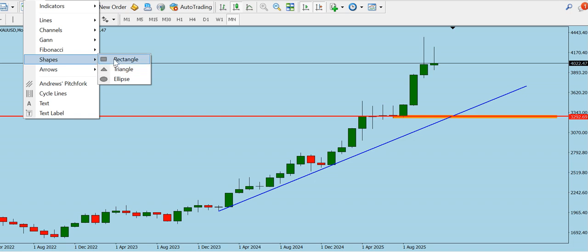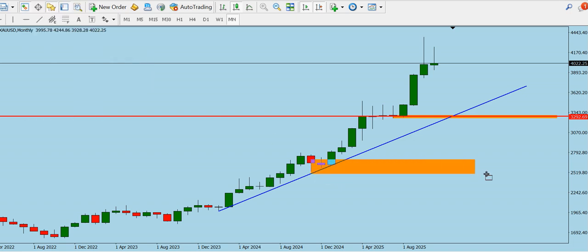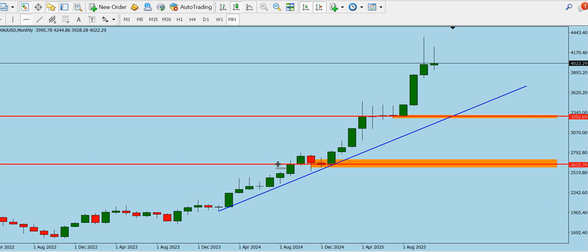We also have buyers lined up around here at the 2632.70 area on the monthly time frame. The couple of monthly candlesticks at the top is showing a bullish pin bar, and the current monthly candle is approaching the candle open.